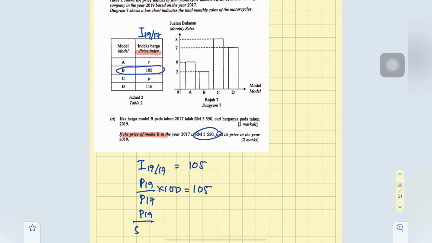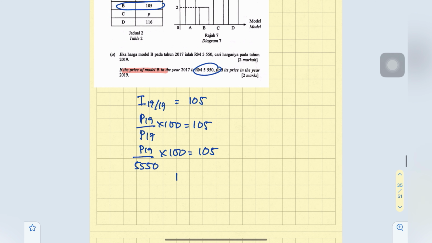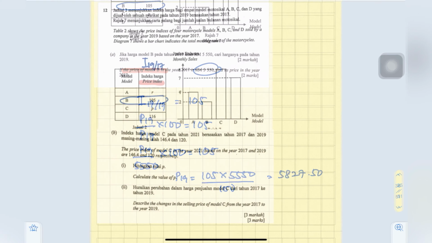Okay, so kita masukkan 5550 times 100 is 105. So kita boleh carilah price in the year 2019. 105 times 5550 divided by 100, which is equals to 5,827 ringgit and 50 cent. Okay, mesti 2 decimal places because this is price.